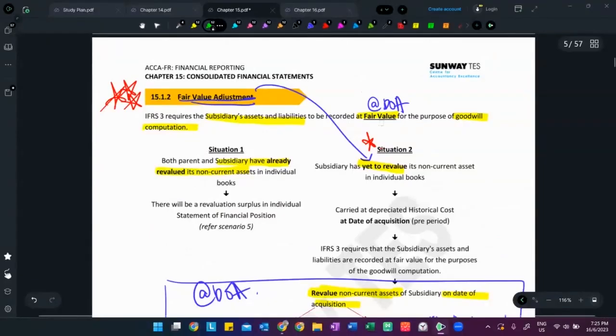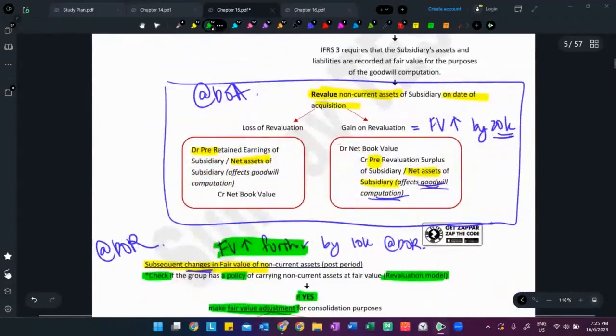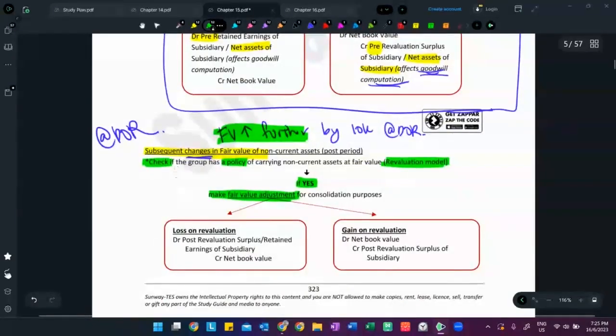So in this case at DOA, you must always record any increase or decrease in fair value, yeah? But at the DOR, please check whether the group is using the revaluation model. Only if the group is using the revaluation model, then you will make the adjustment. If the group is using the cost model, you do not need to make the adjustment.